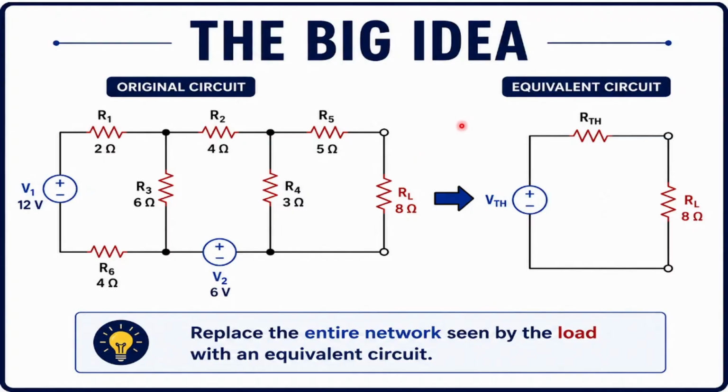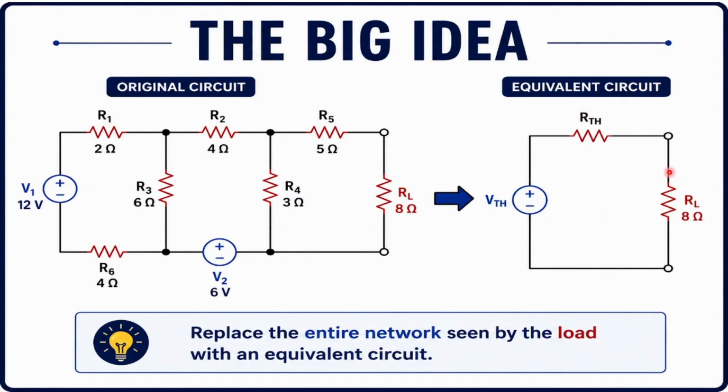And this is how the equivalent circuit is going to be. This is our load. We're going to simplify this entire circuit to just be one voltage source in series with one equivalent resistor known as the Thevenin in series with the load. So we have this voltage source, also known as a Thevenin, and the equivalent resistance known as the Thevenin in series with the load.